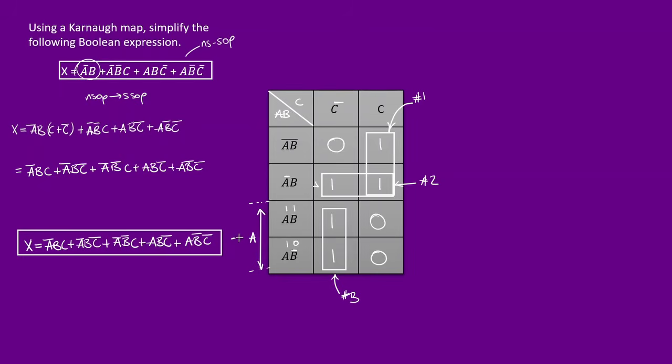So if I were to do this for B, it would be this way too. So highlighting this column, remember this is 0, 1, and this is 1, 1. So the value of B stays constant between 0, 1, and 1, 1.